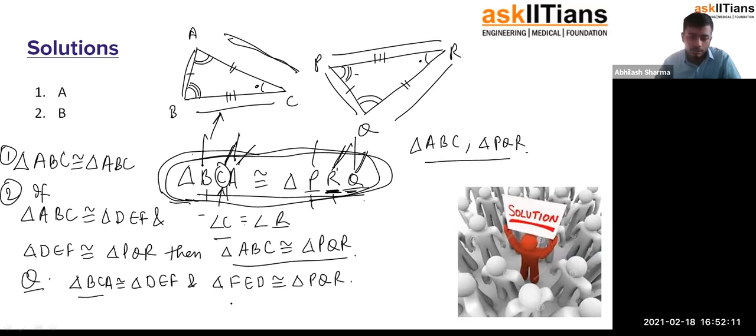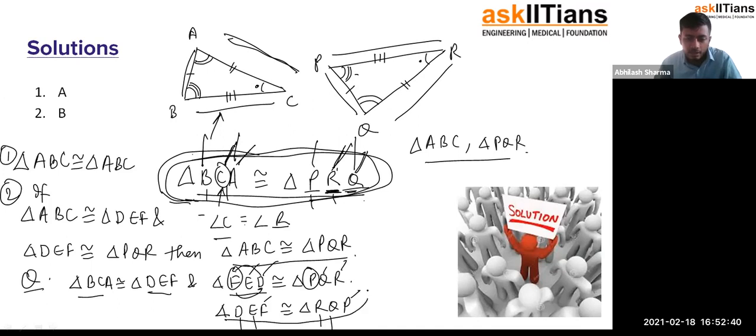Look, this is a very easy question only. Here we have DEF, right? So here also I would want DEF. If I send D here and F here, first and third letters interchanged, then here also first and third letters will get interchanged, right? Because point F corresponds to P. Here also F corresponds to P. E corresponds to Q. Here also that is maintained. And D corresponds to R. Here also it is maintained.